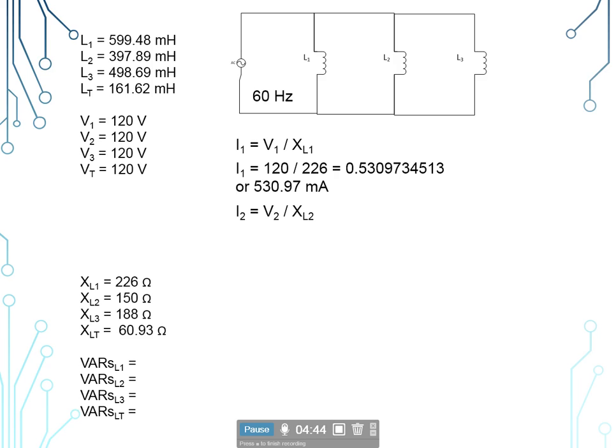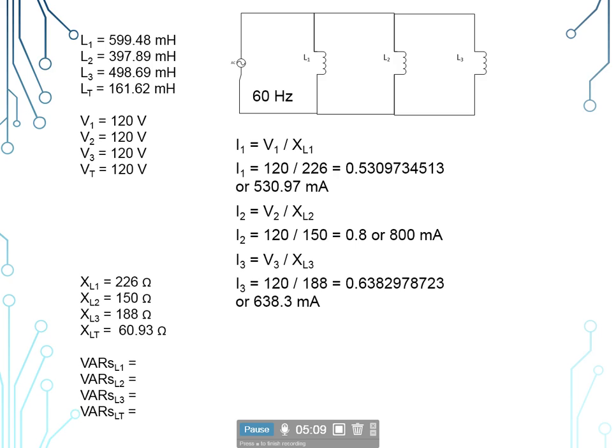The current at the second inductor would be equal to V sub 2 divided by X sub L2. So 120 volts divided by 150 ohms would give us 800 milliamps. I sub 3 is equal to our voltage at the third inductor divided by the inductive reactance of the third inductor, so 120 volts divided by 188 ohms is going to give us 638.3 milliamps.